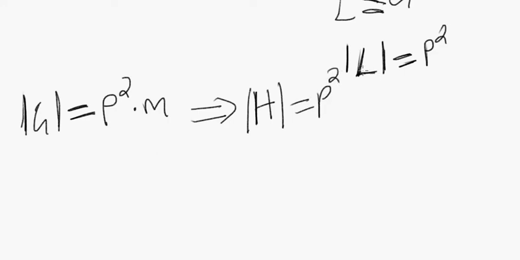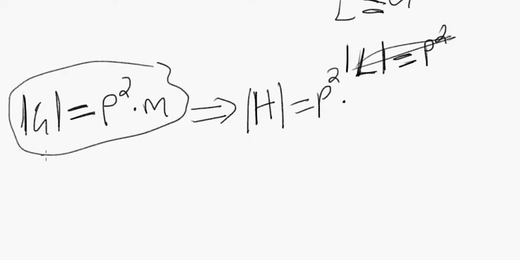Right. So we've tried contradiction and it doesn't seem to be helping us. So let's try something else. What else can we try here? What's so special about a group of order p squared times m? What do we know about it? Maybe we could start listing those things.